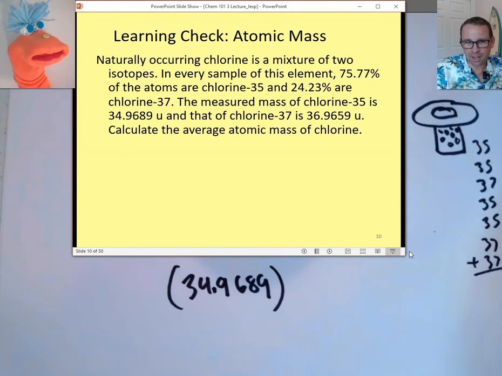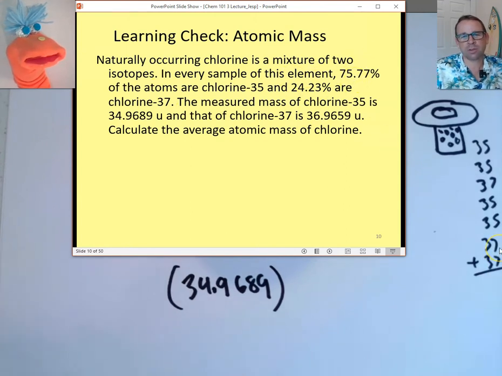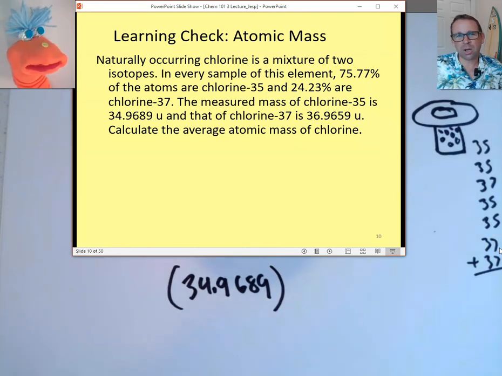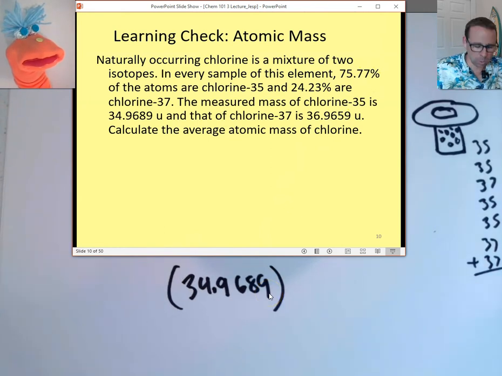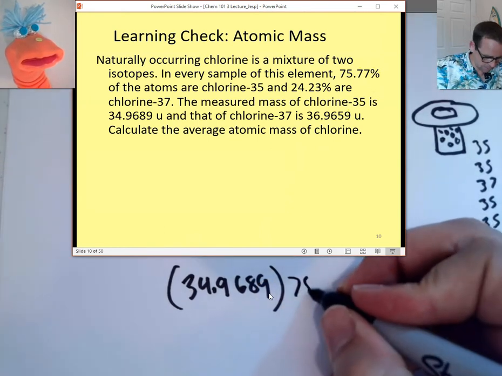If I did that 100 times, then I would get 75 of those 100 being mass 35, 75.77, and 24.2 having a mass of the 37. So I could add all those numbers up, but it would take a long time on my calculator to add up 100 numbers like that. Or I could just take the number of times that I got the 34.9689 and multiply it by that, right?